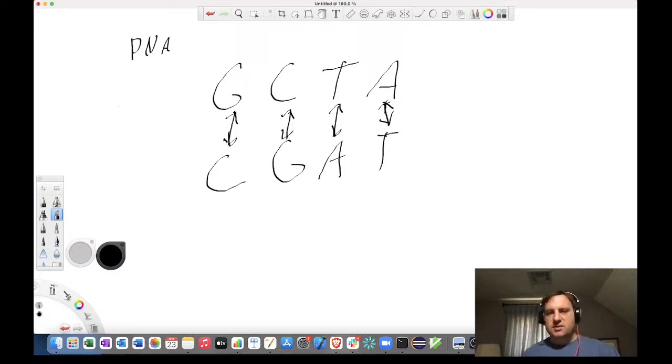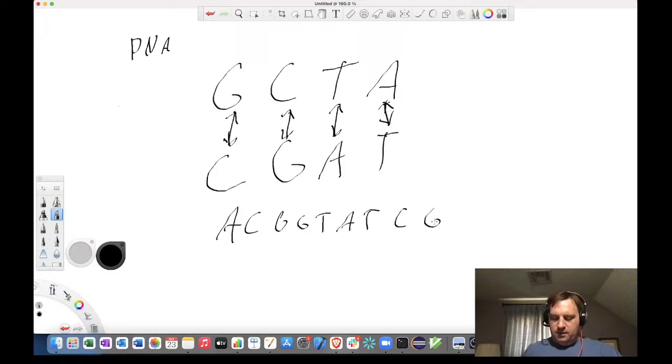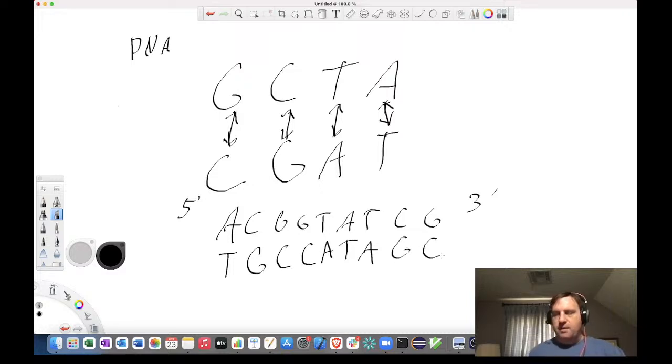So if I have a DNA sequence, and I'll just make up a sequence, A, C, G, G, T, A, T, C, G, and this is the 5 prime end and this is the 3 prime end, then on the other strand, A pairs with T, C pairs with G, G pairs with C, G pairs with C, T pairs with A, A pairs with T, T pairs with A, C pairs with G, G pairs with C. On the other strand, you're going to have the opposite: this is the 5 prime, and this is the 3 prime.